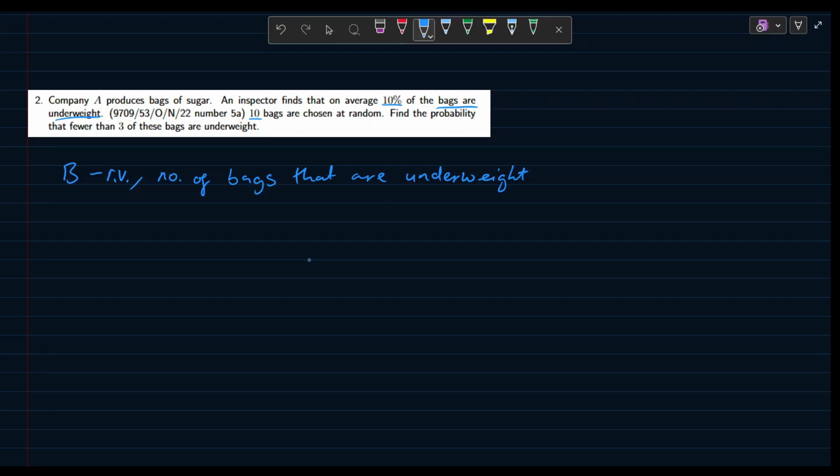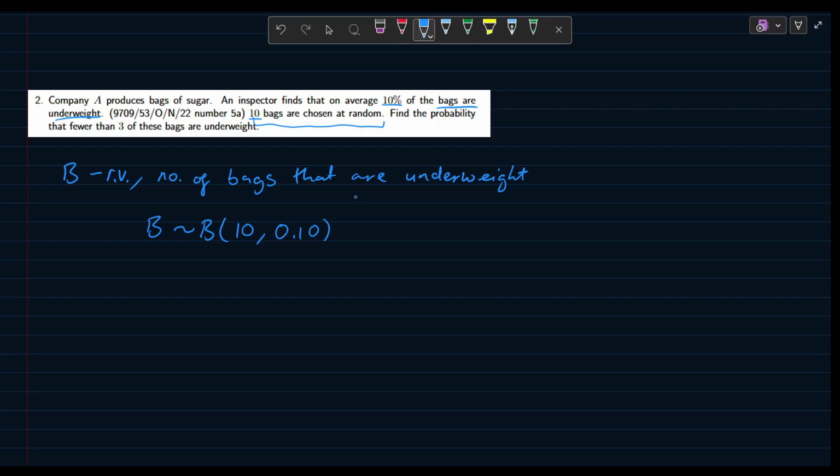So it means that B follows a binomial distribution with our sample size or number of trials being 10, probability of success is 10%, so 0.10.